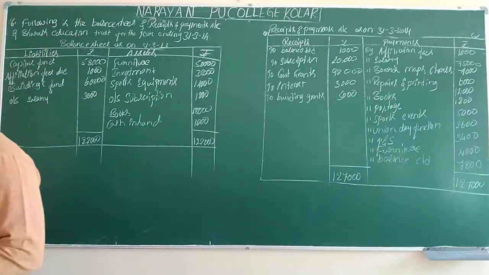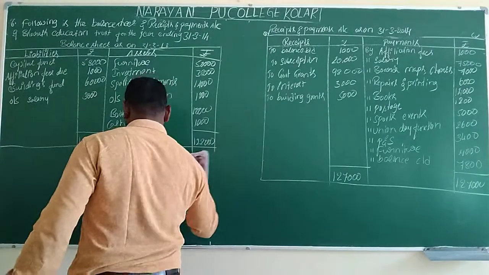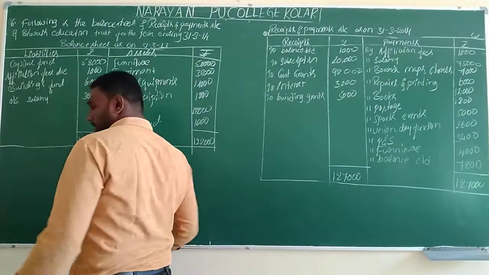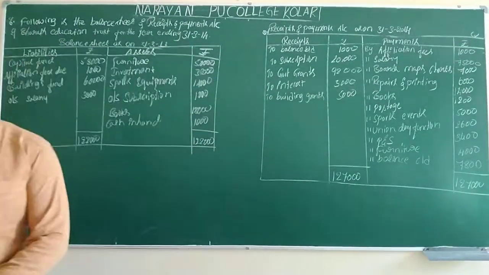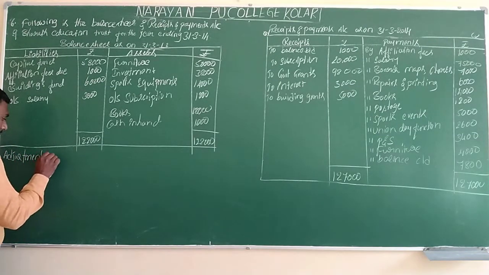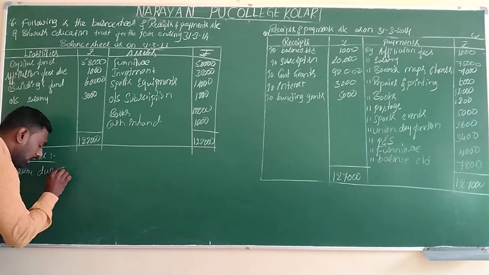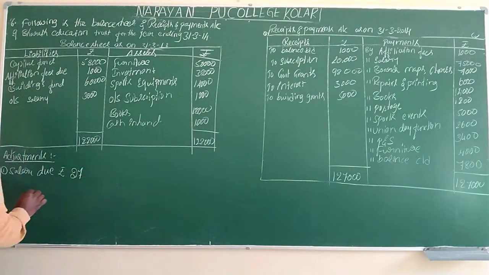In the next line we will write adjustments. Adjustment number 1, salary due rupees 2,700.